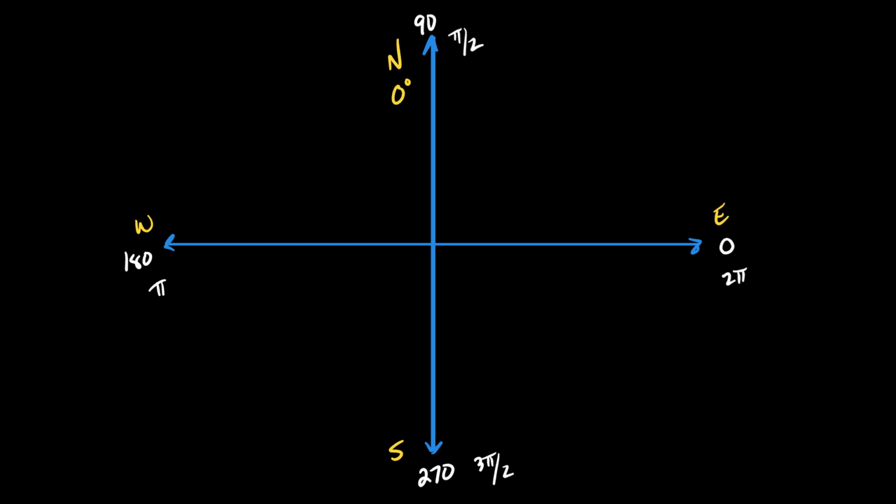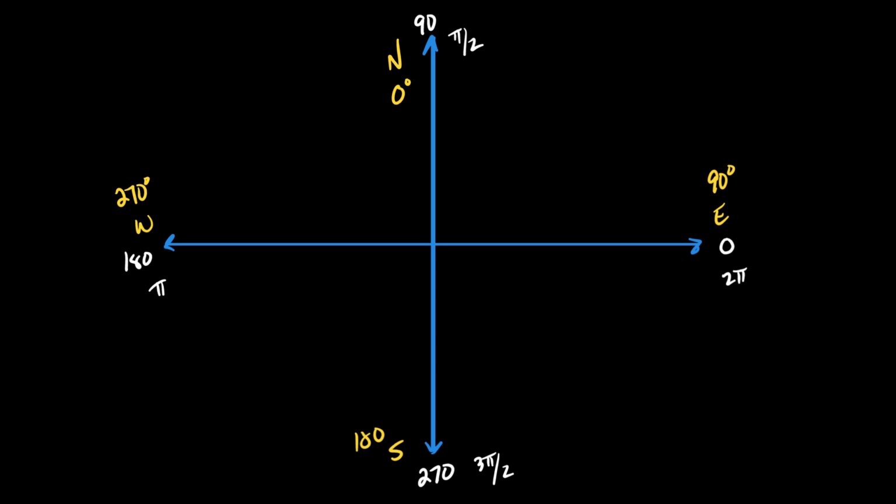So we already have a problem, right? Math wants the right to be 0, and every map wants upwards to be 0. To make matters worse, east is 90 degrees, south is 180, and west is 270. Do you see a difference in the way it's done? One goes clockwise, the other one goes counterclockwise.